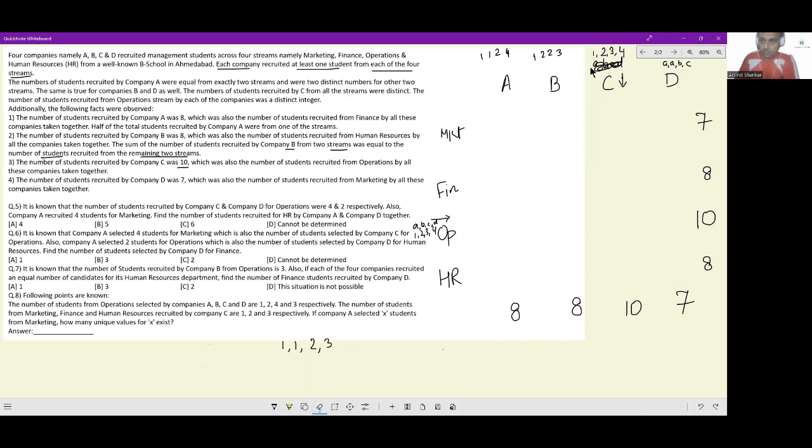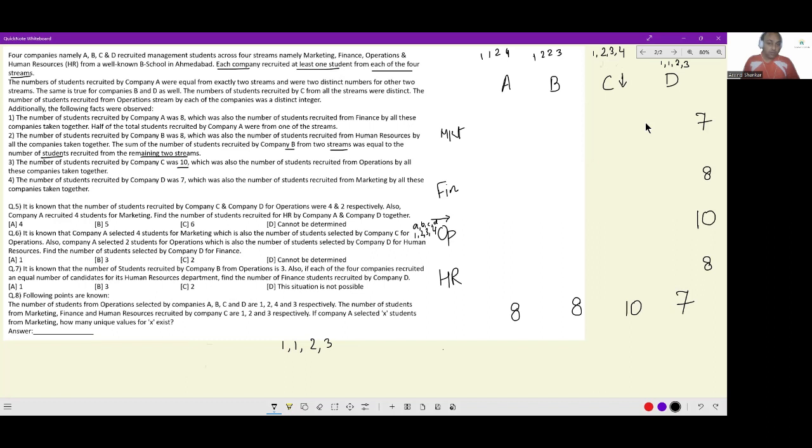So number of people hired in D across the 4 domains will be 1, 1, 2, and 3. And now we have counts of people that will get hired in A across 4 domains, counts of people who will get hired in B across 4 domains, counts of people who will get hired in C across 4 domains, and counts of people who will get hired in D across 4 domains.